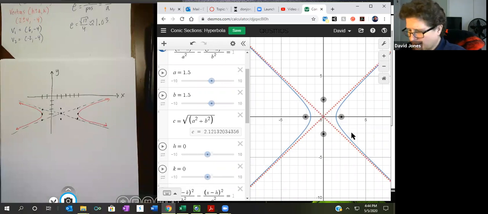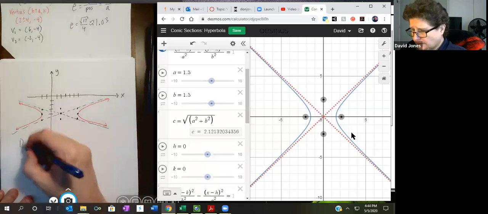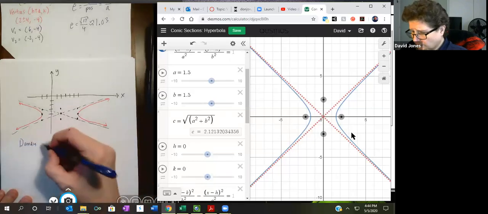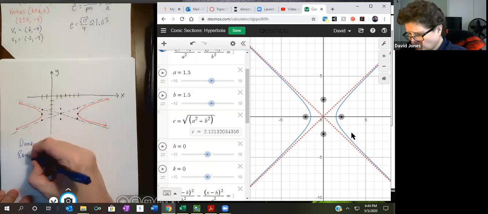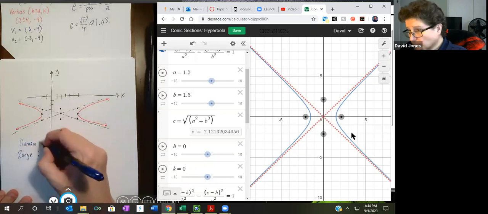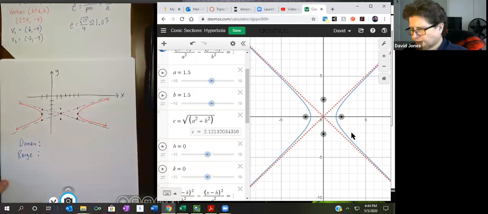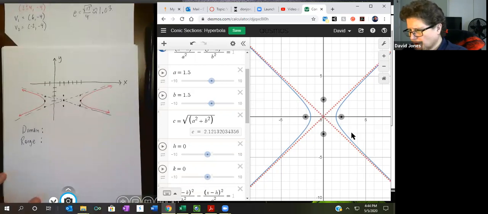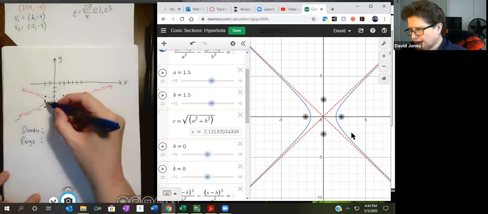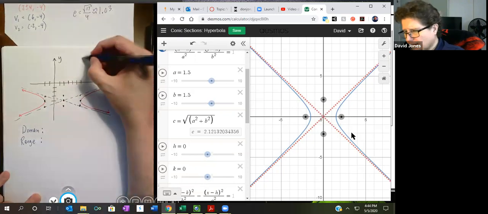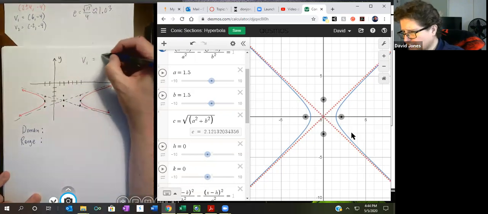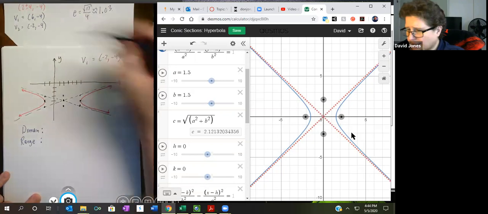What's the domain and range? Well, what is that point right there? That's my B1. B1 was -2, -4. I got these labeled backwards.